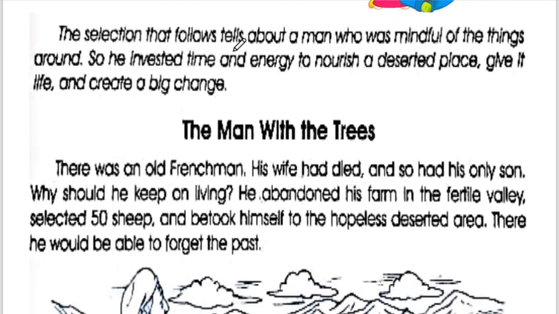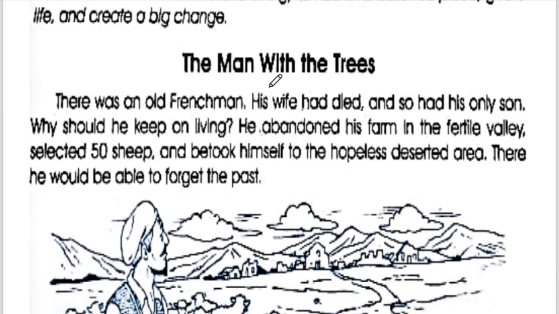The selection that follows tells about a man who was mindful of the things around. He invested time and energy to nourish a deserted place, give it life, and create a big change. So we have here a text selection entitled The Man with the Trees.